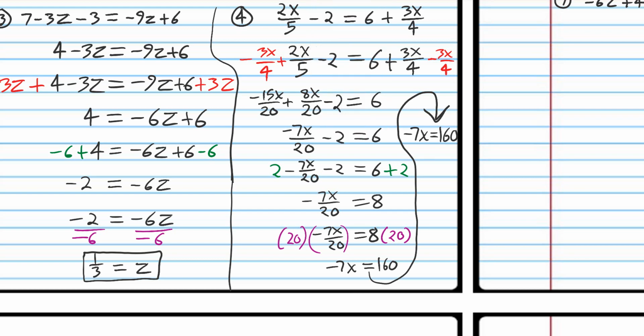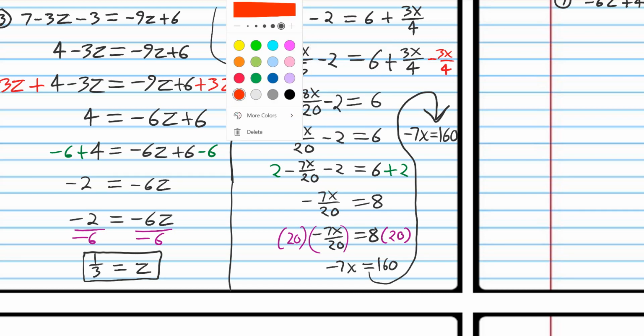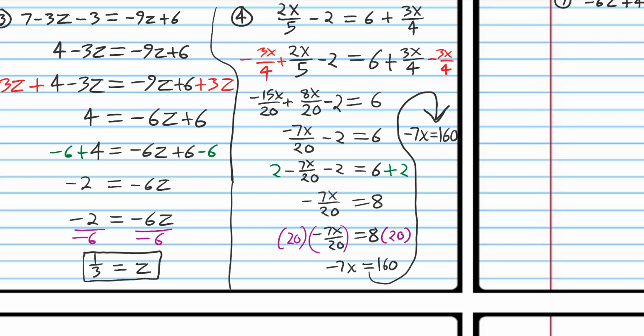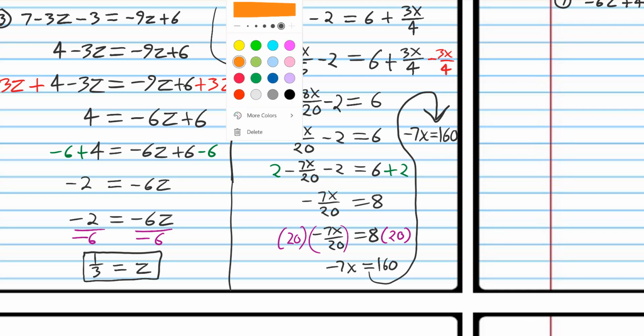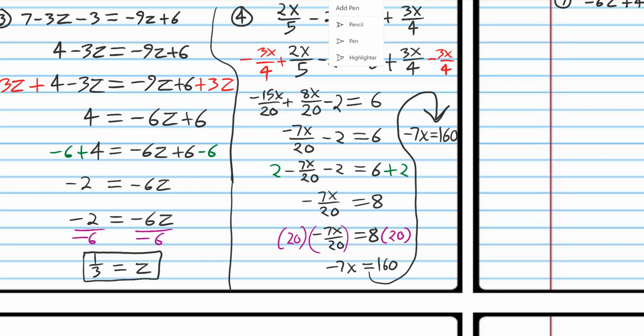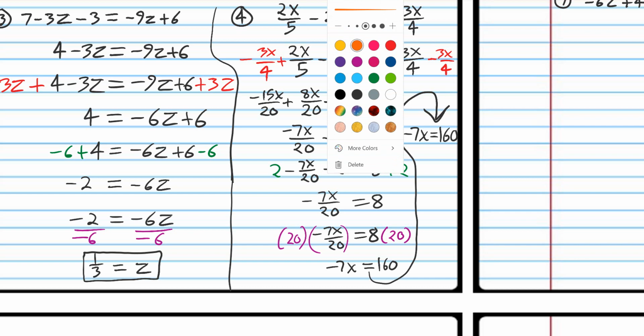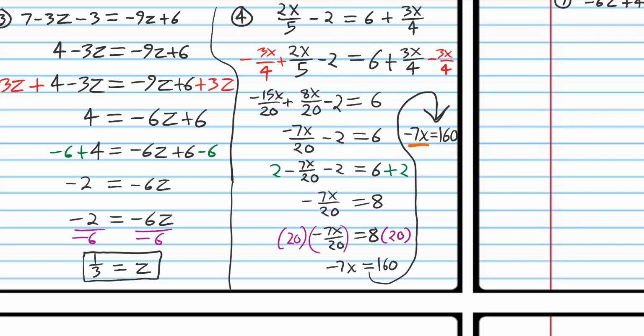And then I'm going to have to get a different color pen here. I guess I can try orange. It's not going to show up very well, but whoops. I have to get a pen, not a highlighter. Sorry, I'm taking up your time here.